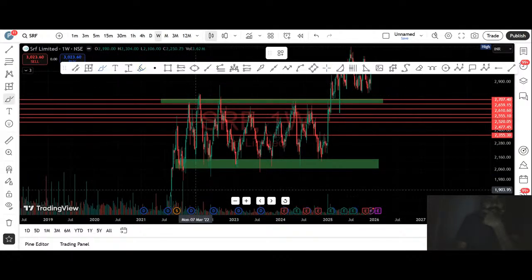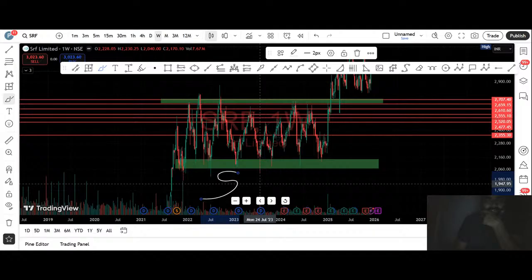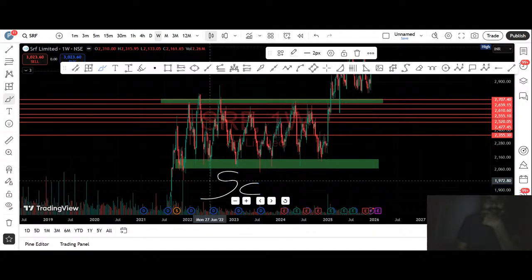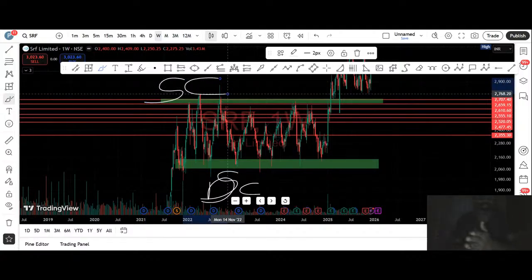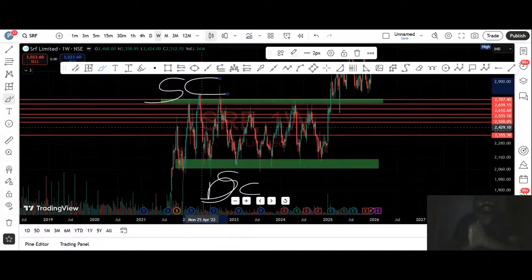At this place, supply is constant, sir. Sorry, demand is constant, and supply is also constant. If two people are fighting and they both have equal force, nobody is going to win, sir.